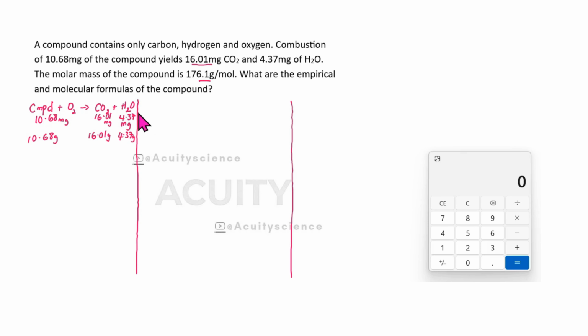Okay, let's take them one after the other. Let's start with our compound. The compound has a molecular mass of 176.1 gram per mole. What that means is 176 gram of the compound makes 1 mole.